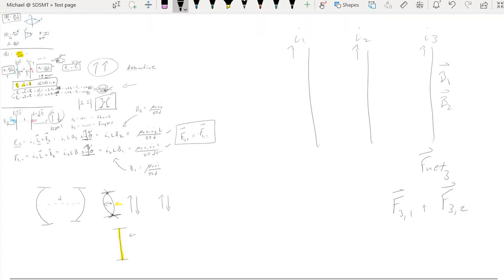So it's basically the same problem that we did over here, only we have to do it 2 times. Once for wire 1, wire 3, and again for wire 2, wire 3. But now that we've seen how the problem is worked, at this point, it's just a little bit of repetition.